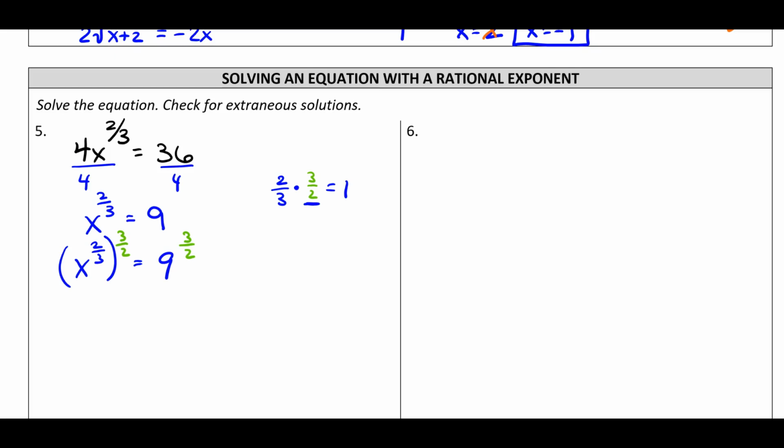But here's where you've got to be really careful. If you recall from our power properties, if you take an even root of something, you have to put the absolute value. So if you look right here, when we raise this to the 3/2 power, that meant we're going to cube it. That's what the 3 did.